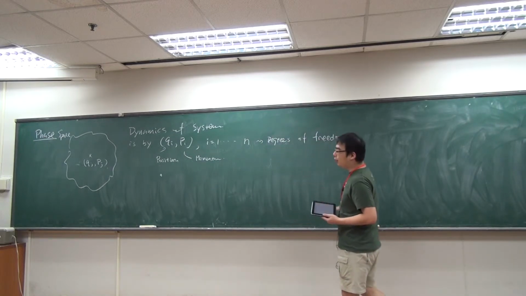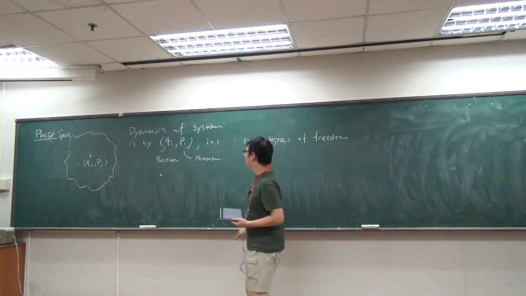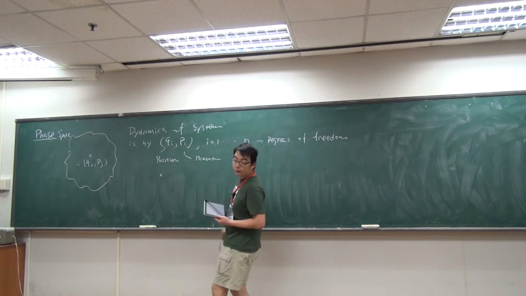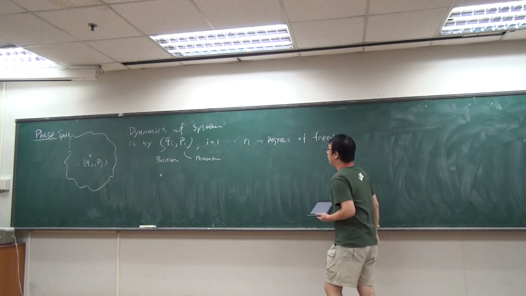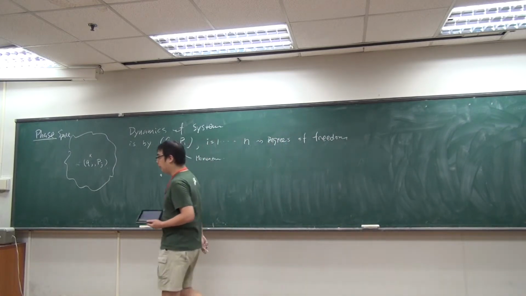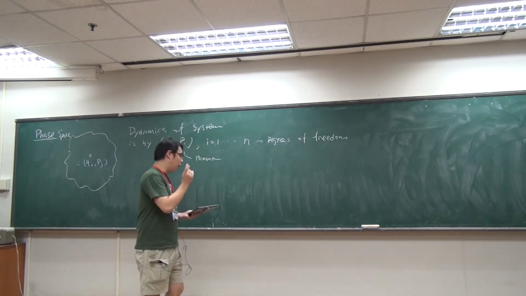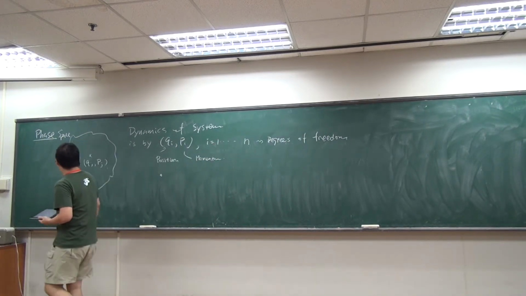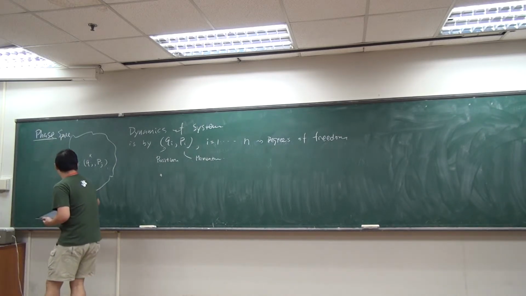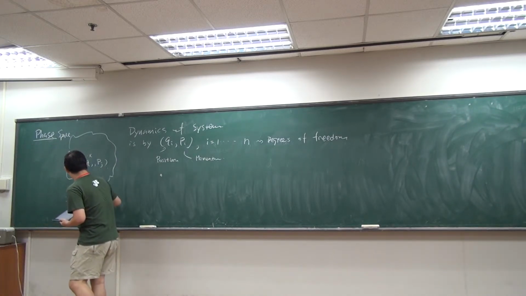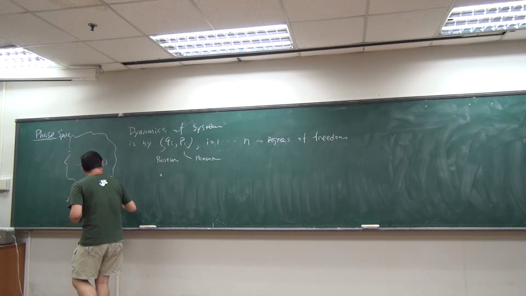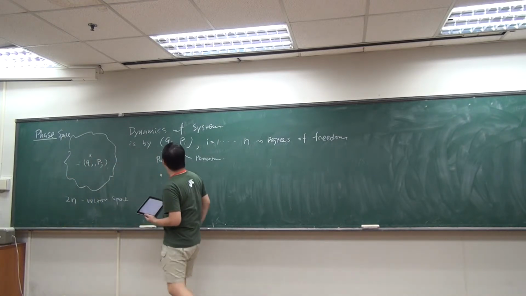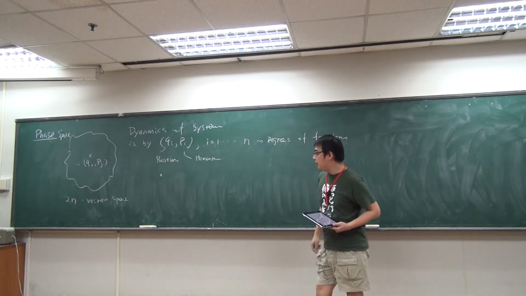If you have n particles, then you have n pairs of those q's and p's, and we usually say this has n degrees of freedom. The phase space is simply a 2n-dimensional vector space spanned by the q's and p's.